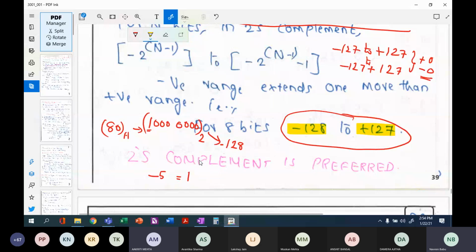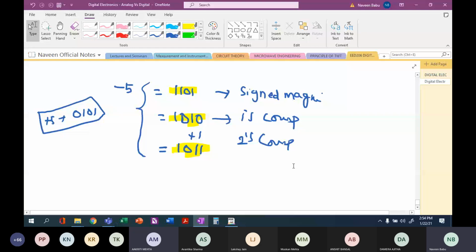So by that I meant that we write minus 5 as 85 to the base 16? Yes, that is correct, but we consider that as an 8-bit representation. If we take 4 bits, how will we represent it in hexadecimal? Okay, that's what I did.